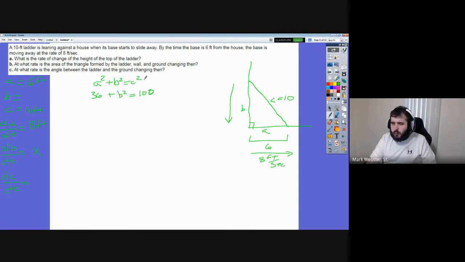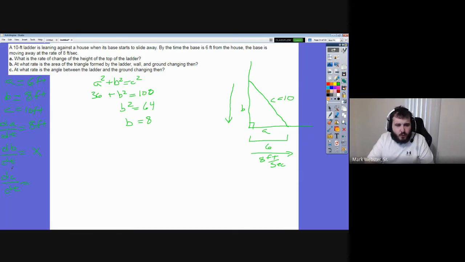Right, subtract and then square root. And we're working with distance, so we don't need to worry about a negative sign here. So we know that B is 8 feet. Another option, if you remember your Pythagorean triples, this is a 3, 4, 5 triangle, 6, 8, 10, ain't it? But that's neither here nor there.